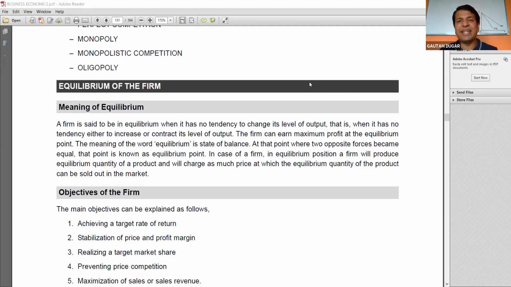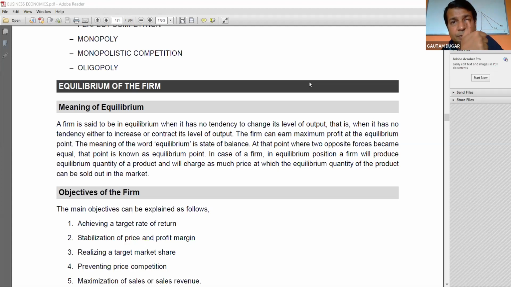Remember, this is the most golden statement through which you can solve a lot of questions and understand the concepts of equilibrium. That means two things.